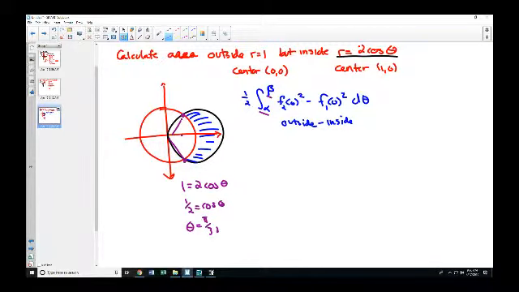Pi over 3. No, it's negative half there. Cosine is negative in these quadrants, so where's this? Pi over 3, 5 pi over 3.